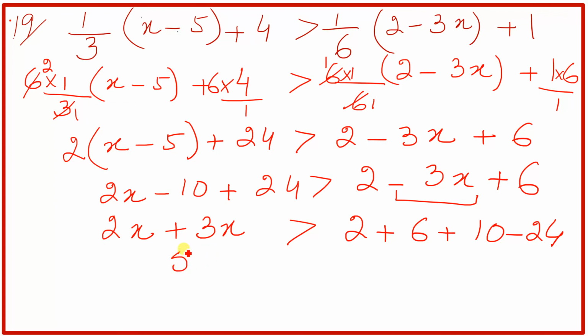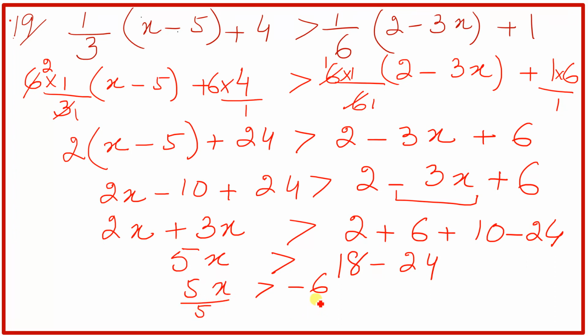So this is 5x, which is 8, 18, negative 24. So 5x is greater than negative 6. Here we have to divide both sides by a positive number, so there is no need to switch the inequality. x is greater than negative 6 over 5 is the answer.